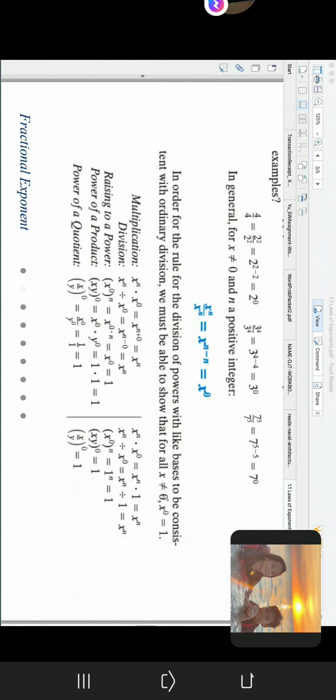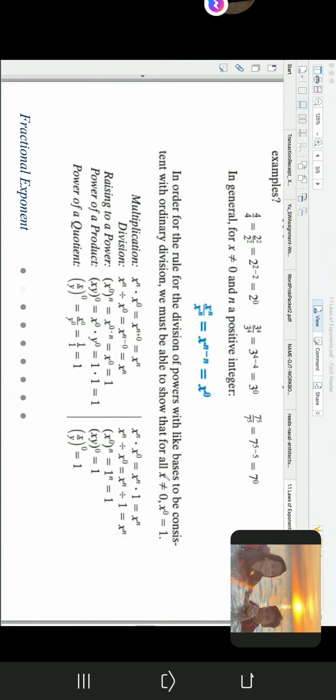Just x, not 0. We can check it here. Multiplication: x to the power of n times x to the power of 0 is x to the power of n plus 0, which is equal to x to the power of n.